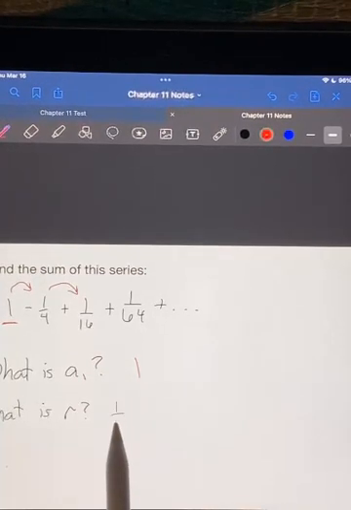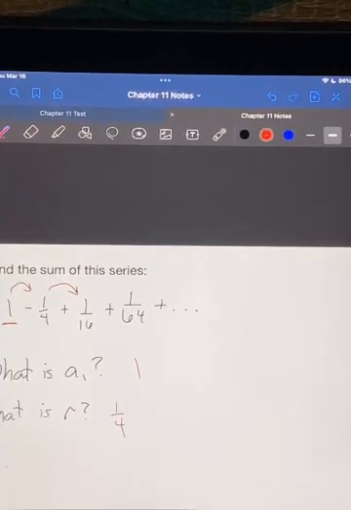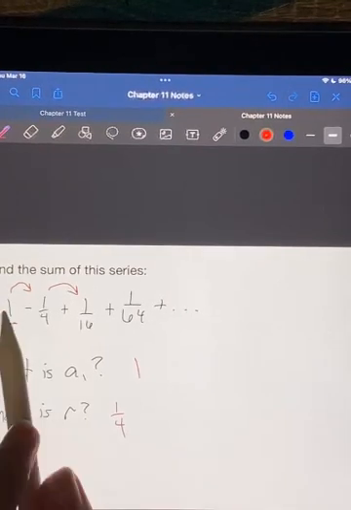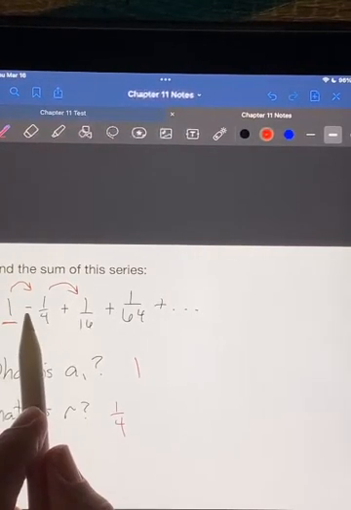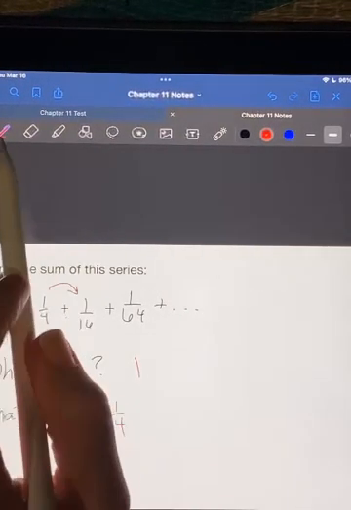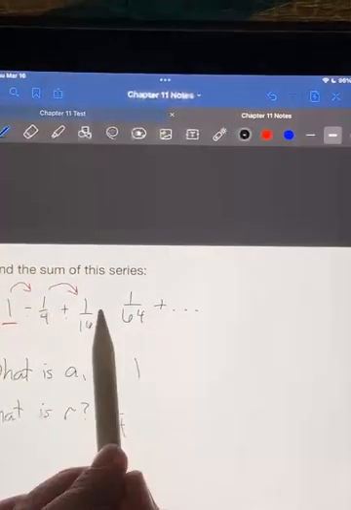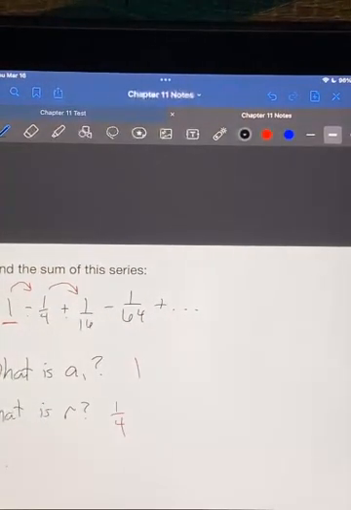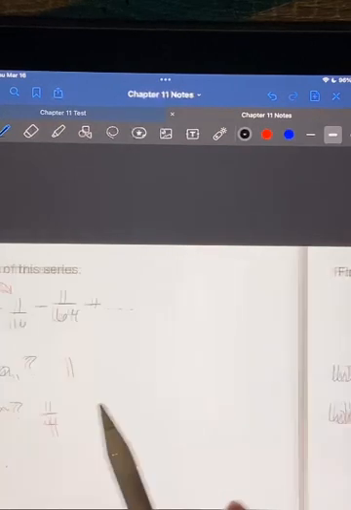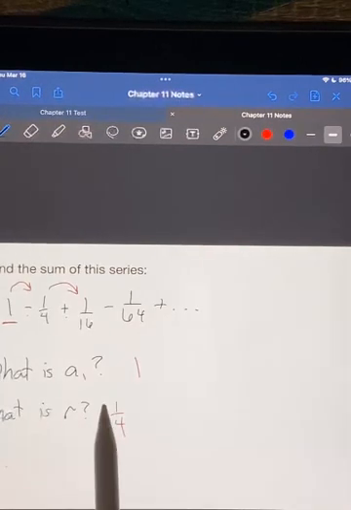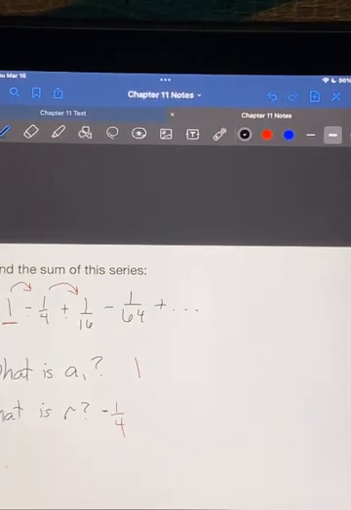It looks like we're multiplying times 1/4, right? However, we have our sign. It's going negative, positive. Oops, and I wrote that wrong. My bad. Negative, positive. When we go back and forth between negative, positive, negative, we know that our value is a negative 1. So we've got a negative 1/4.